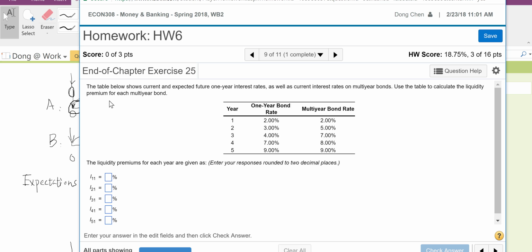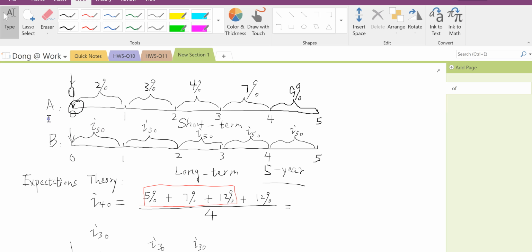Combining these 2, we arrive at the so-called liquidity premium theory.